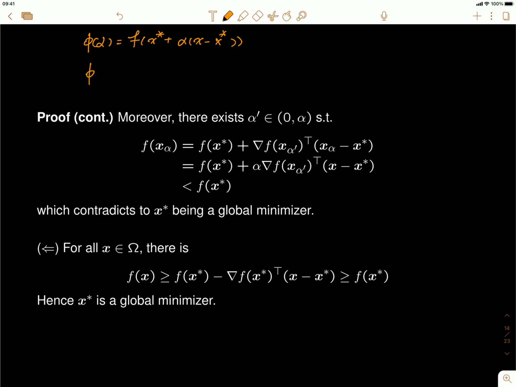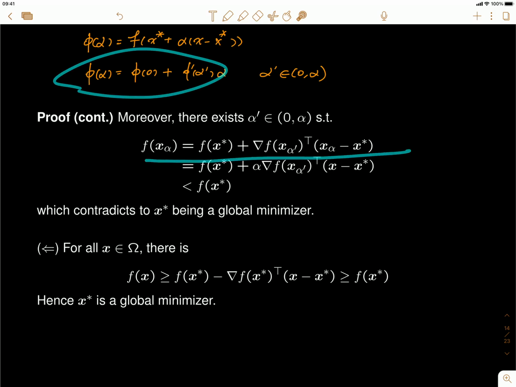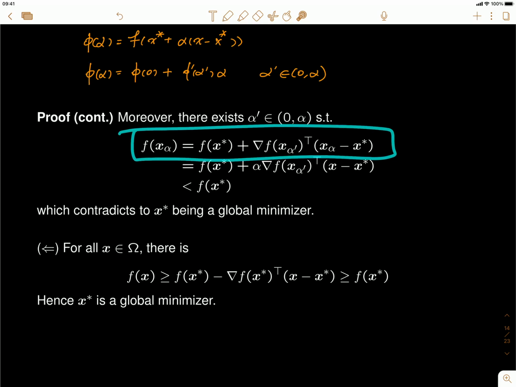Then we can check that phi of alpha equals phi of 0 plus phi prime at alpha prime times alpha, where this alpha prime is between 0 and alpha. This is by Taylor's expansion, and it is exactly the same thing as this one right here.